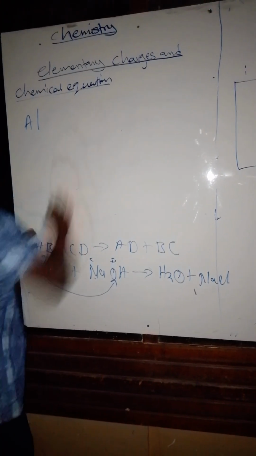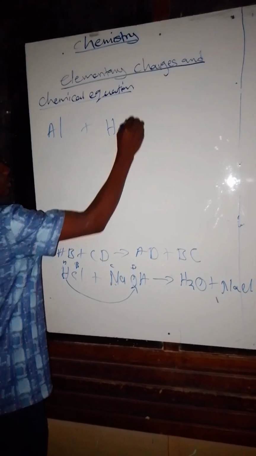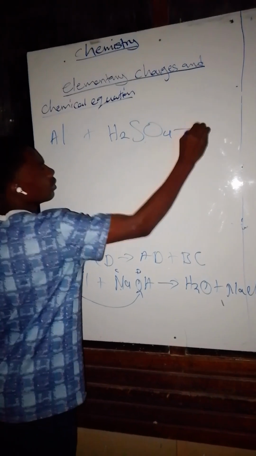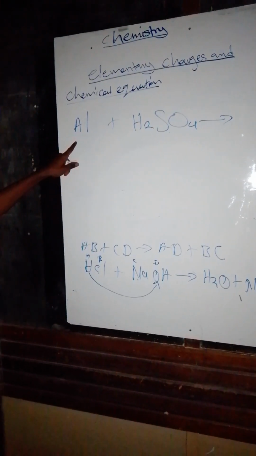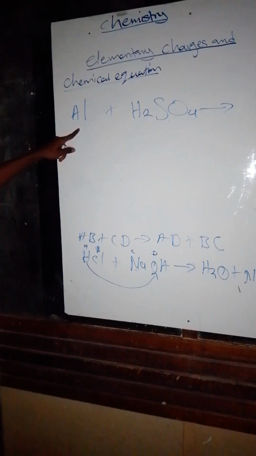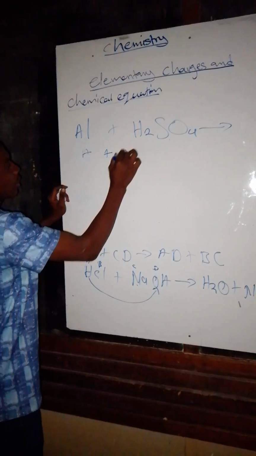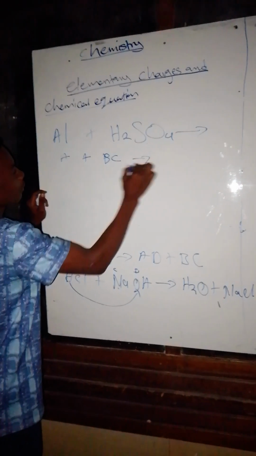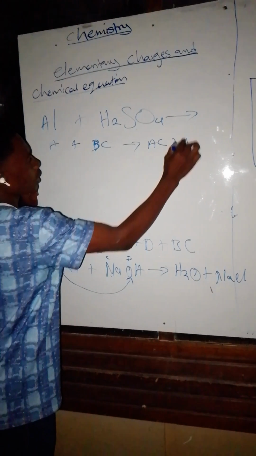You can relate this question to a single displacement reaction where you have A reacting with BC, which would give you AC plus B.